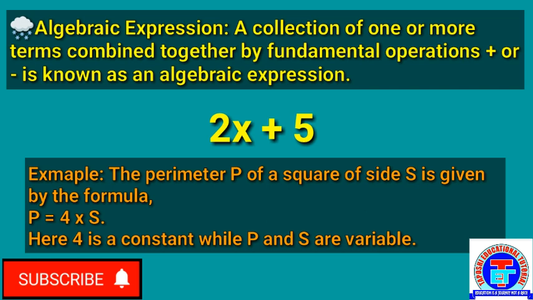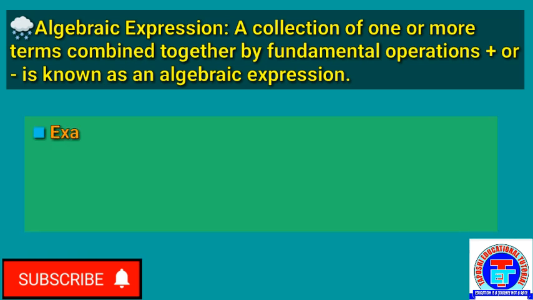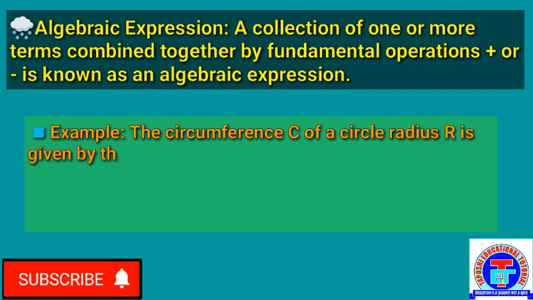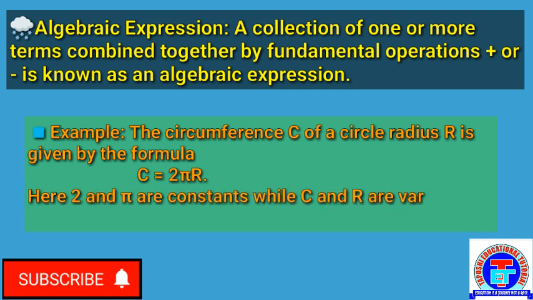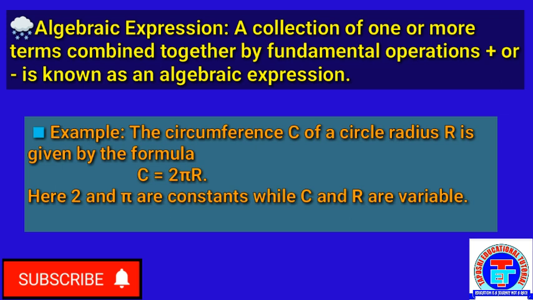Right, student? Another example: the circumference C of a circle of radius r is given by the formula C is equal to 2 pi r. Here 2 and pi are constants. Okay. And while C and r are variables. Right, student?